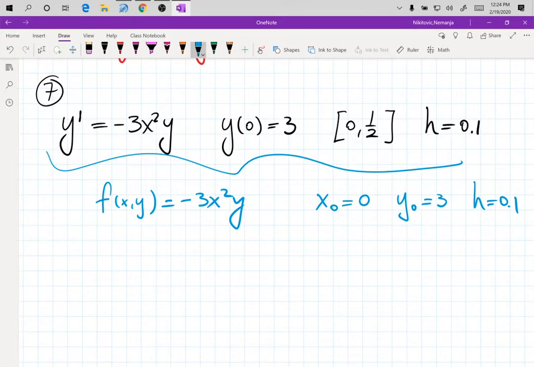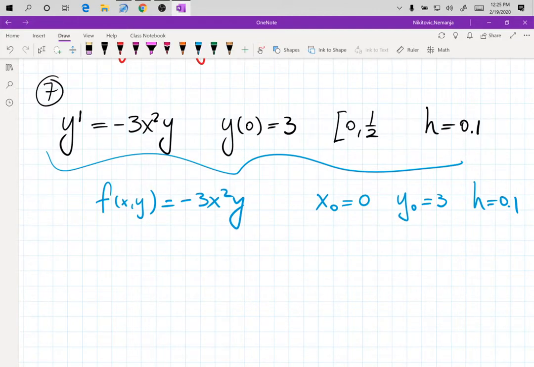Another thing is that you will have to do the entire algorithm 6 times, because from 0 to 0.5 you have 5 calculations, and then another calculation at 0.5 would be the 6th one. So it's always the interval divided by the step size h, plus 1, for the endpoint.